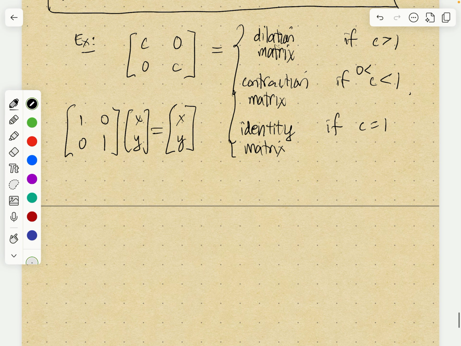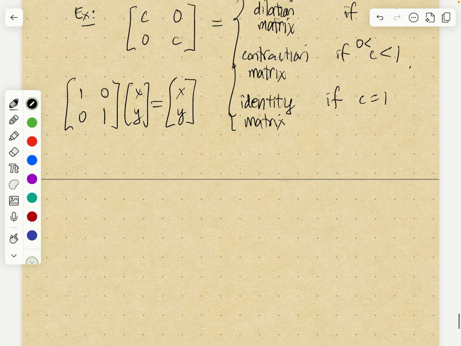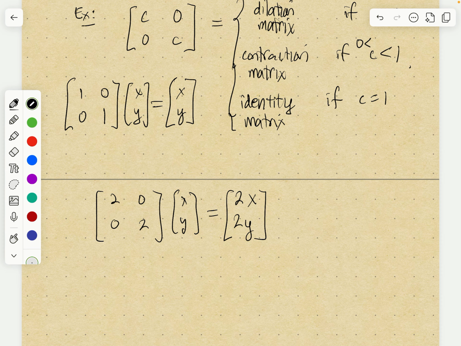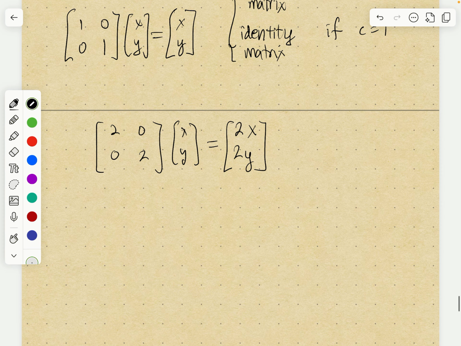So why is it called a dilation matrix if c is greater than 1? So for instance, if you had 2, 0, 0, 2, what that's going to do to an arbitrary vector (x, y), if you multiply it, you're going to get (2x, 2y). So if you have some vector (x, y), then when you get (2x, 2y), that just doubles the x and y coordinates.